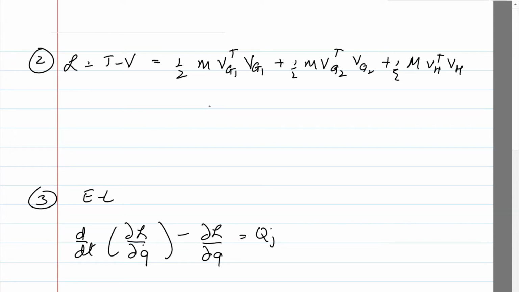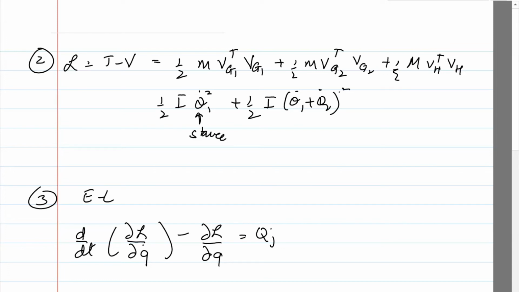I forgot the rotational energy, which is going to be half I omega 1, or in this case half I theta 1 dot squared, plus half I. So this is the velocity of the stance leg. The swing leg has an angular velocity of theta 1 plus theta 2.